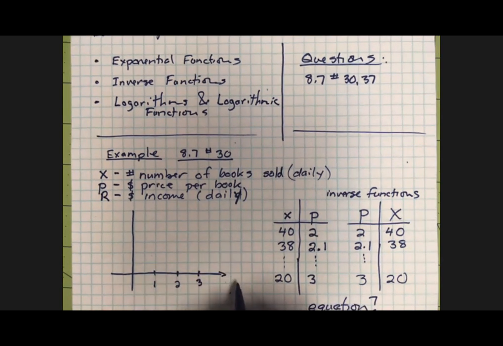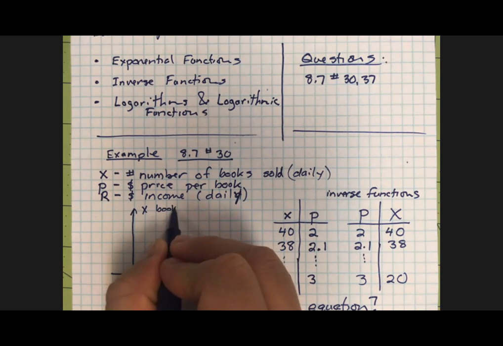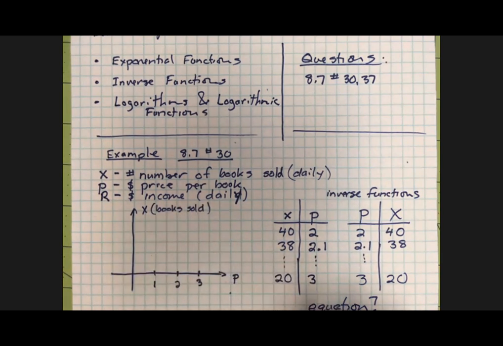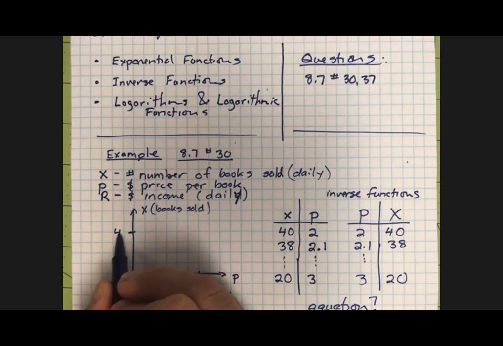Let's say that this is the price of the books, $1, $2, $3. Over here, let's put the books sold every day. And if you set the price at 2, you get 40 books sold. Let's just mark this casually as 40.